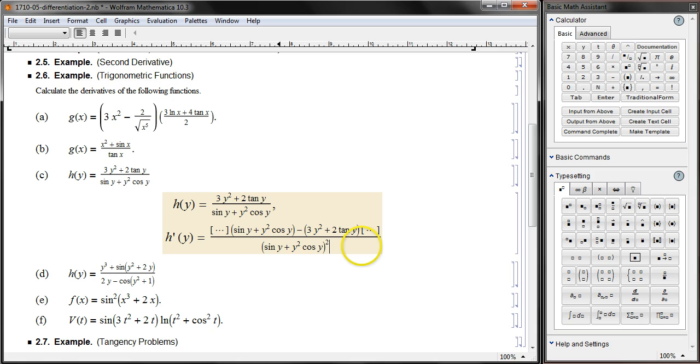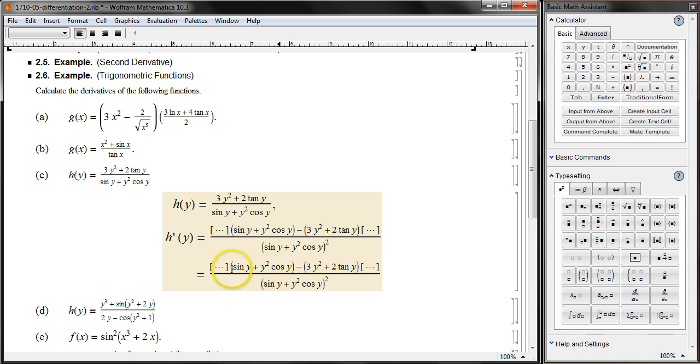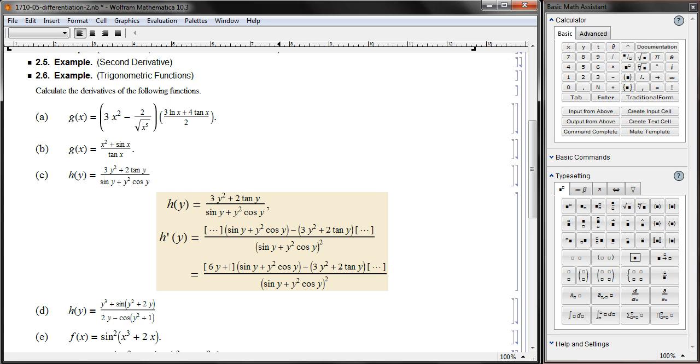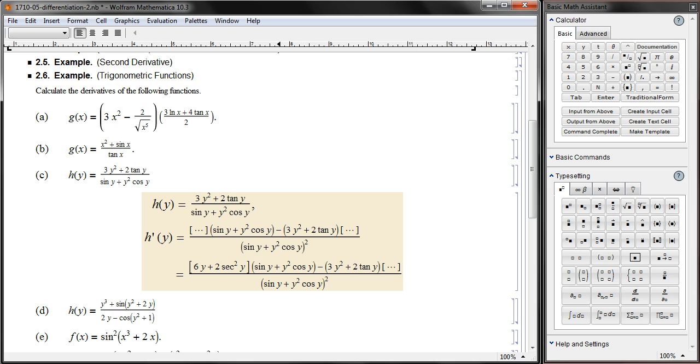Okay, we got the quotient rule structure correctly. Okay, ready to complete this problem. Let's do it. u prime, the derivative of the numerator. Derivative of 3y squared, 6y. Derivative of tangent, sec squared. And that completes u prime, the derivative of the numerator.